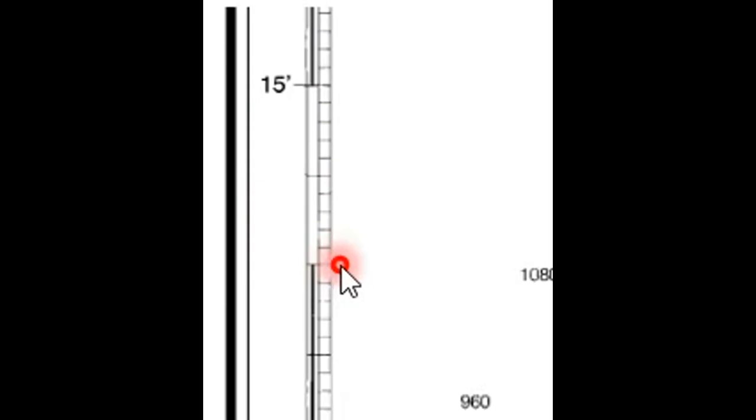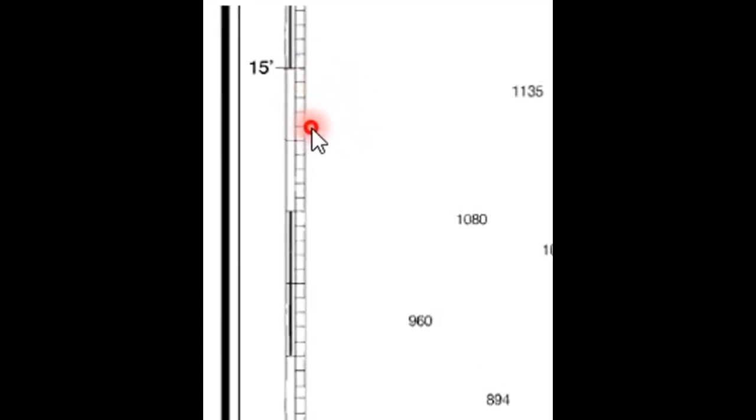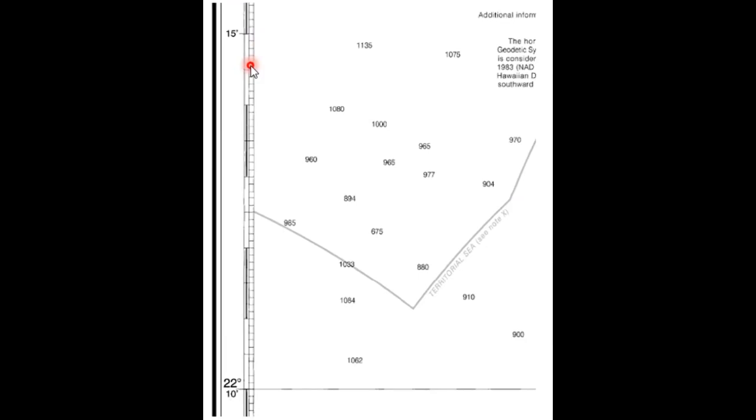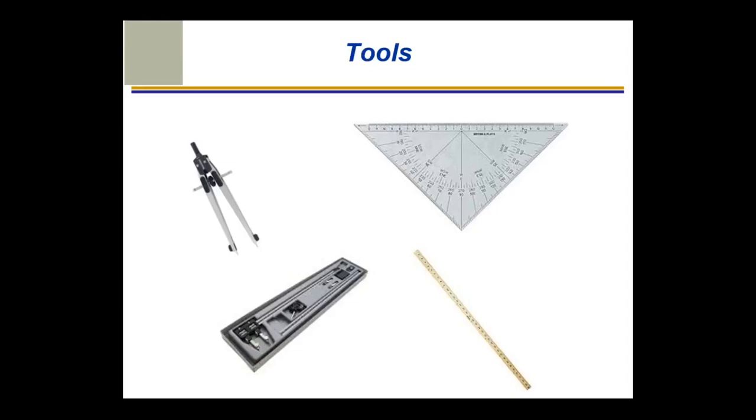But because this is such a small scale chart, each one of these small areas also represents 6 seconds. And on a scale this small, it can be very difficult to measure those seconds accurately. It might be more common to see this scale of chart used as degrees, minutes, tenths. But technically, you could use it as degrees, minutes, seconds. It's just more difficult because the scale is so small.